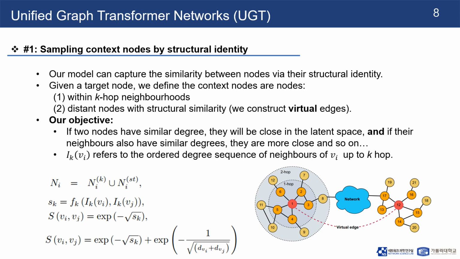We construct virtual edges connecting to distant nodes. So here our objective is if two nodes have similar degrees, they will be close in the latent space. And if their neighbors also have similar degrees, they are even closer, and so on. So here, we construct the ordered degree sequence of neighbors for each node up to K hops, and then we calculate their distance based on the degree sequence.